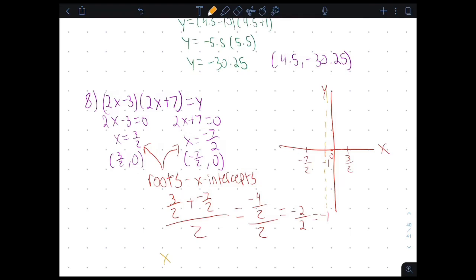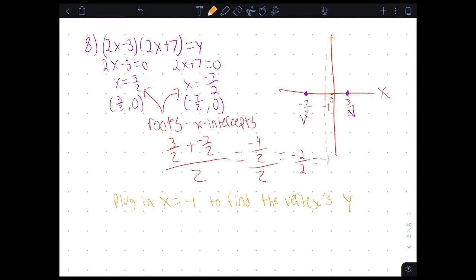And once we plug that in, x equals negative 1, we're going to plug that in to find the vertex. Well, we already found the x version, but the vertex has a y coordinate. So we're going to take this equation from up above, 2x minus 3, 2x plus 7. Those are equal to y.